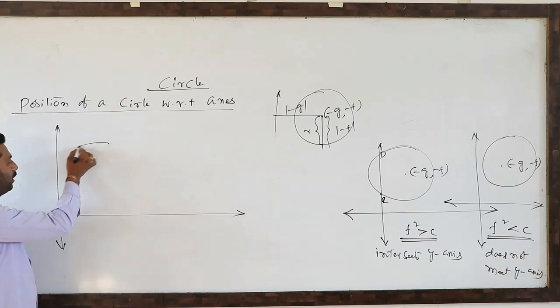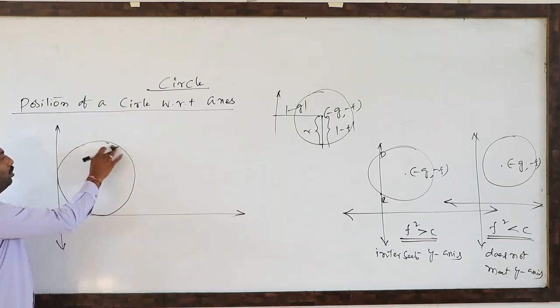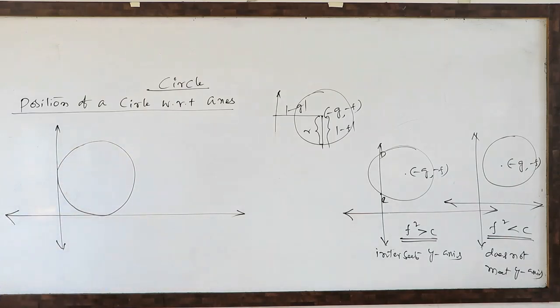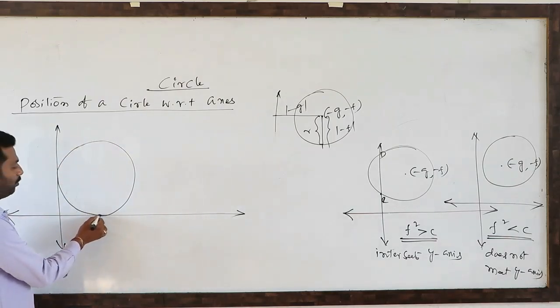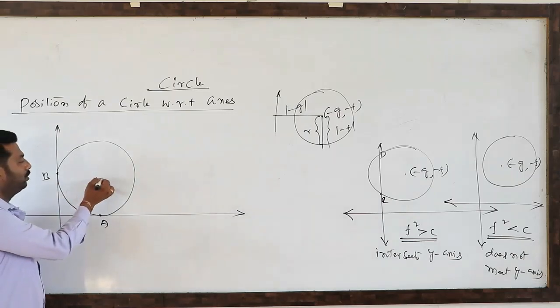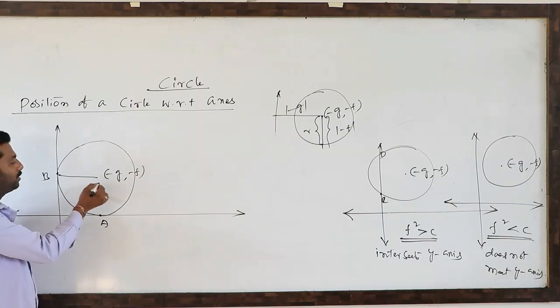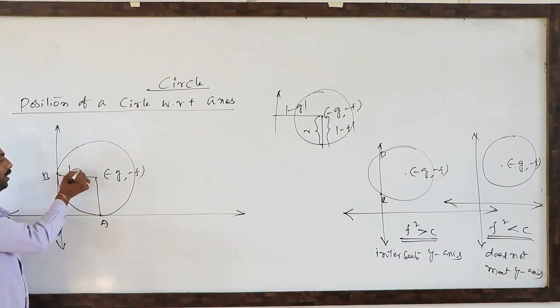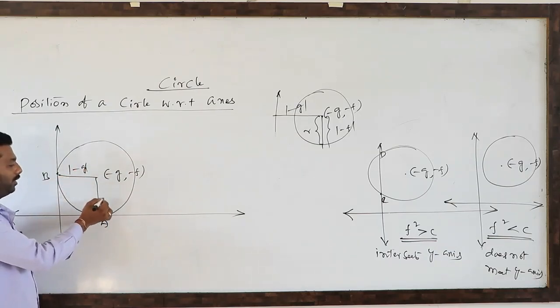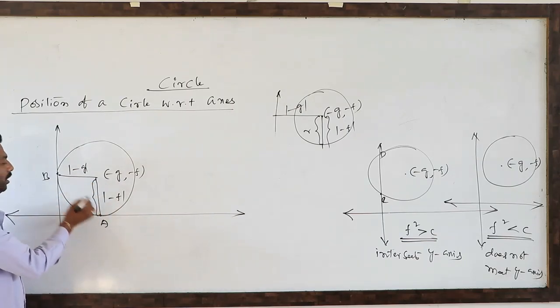This circle touches both the x-axis and the y-axis. Suppose it touches at the point A and at the point B. What is the condition? This is the center minus g comma minus f. This length equals this length. This length is modulus of minus g. This is modulus of f. This is nothing but the radius. This is also nothing but the radius.